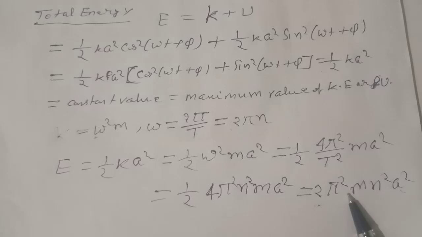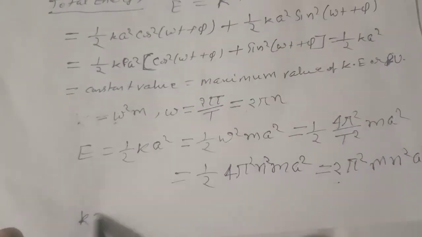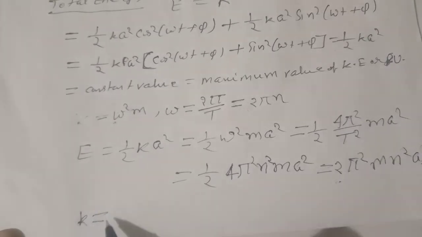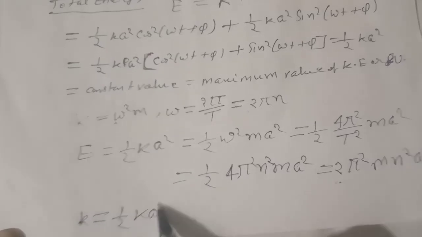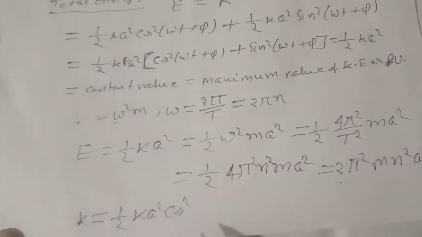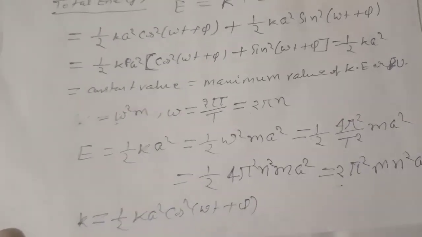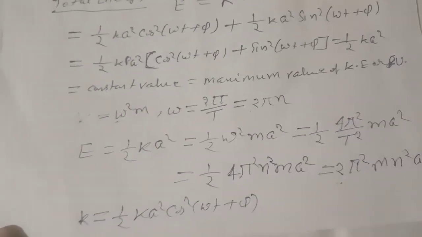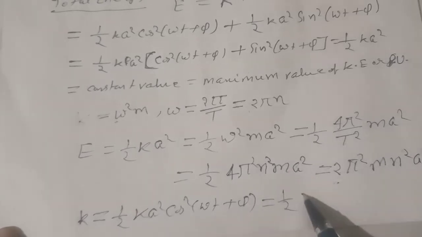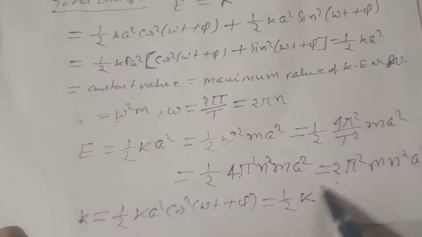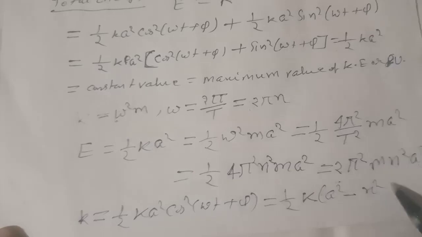Again, the kinetic energy is given by K equals 1 by 2 k a square cos square (omega t plus phi), and it is also written as 1 by 2 k into (a square minus x square).